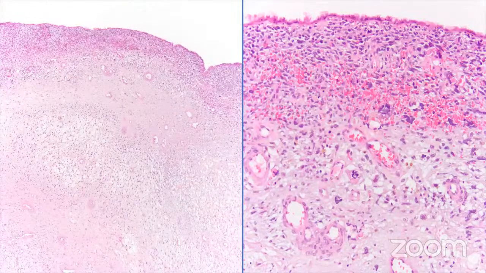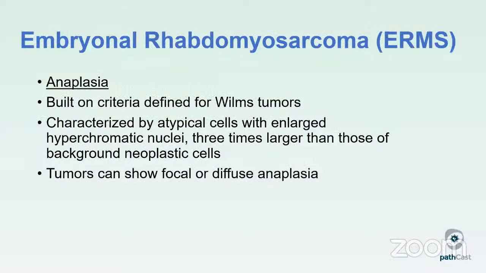Here's a representation of a botryoid embryonal rhabdomyosarcoma. We have the epithelial surface on top, and we have the condensation of tumor cells underneath the epithelial surface. So that's botryoid ERMS.